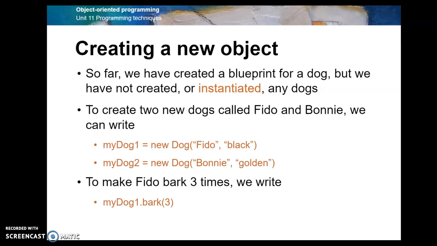This is also called a constructor. So remember, from the last lesson, when you write the keyword new, it basically means you are now calling the constructor method, which means you want the my dog to have attribute Fido and the color is black.